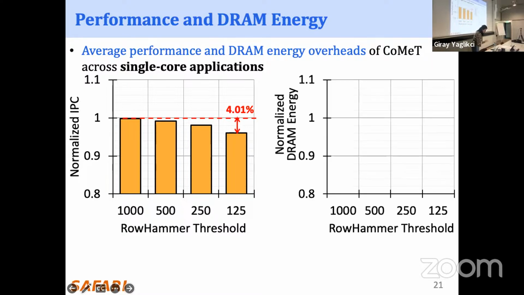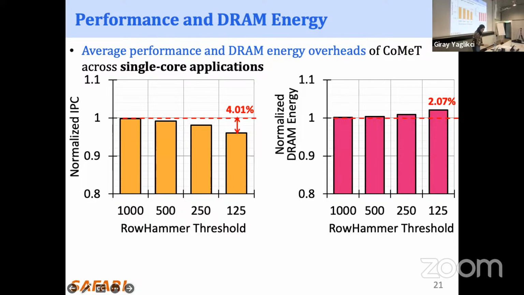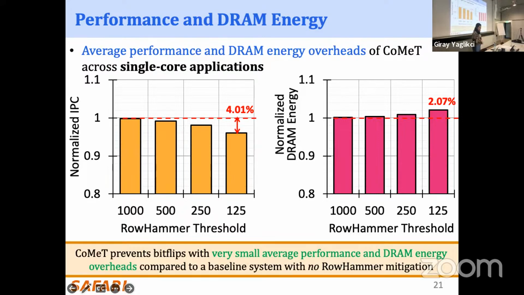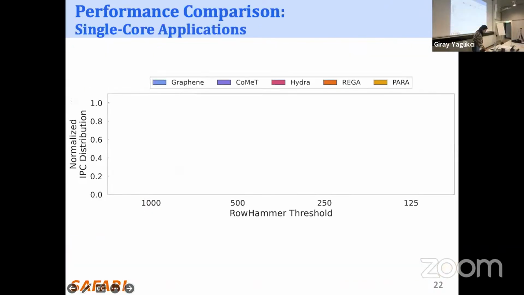And this is Comet's DRAM energy consumption normalized to the same baseline, and it shows a similar result. So we conclude that Comet prevents bit flips with very small average performance and DRAM energy overheads compared to a baseline with no RowHammer mitigation.